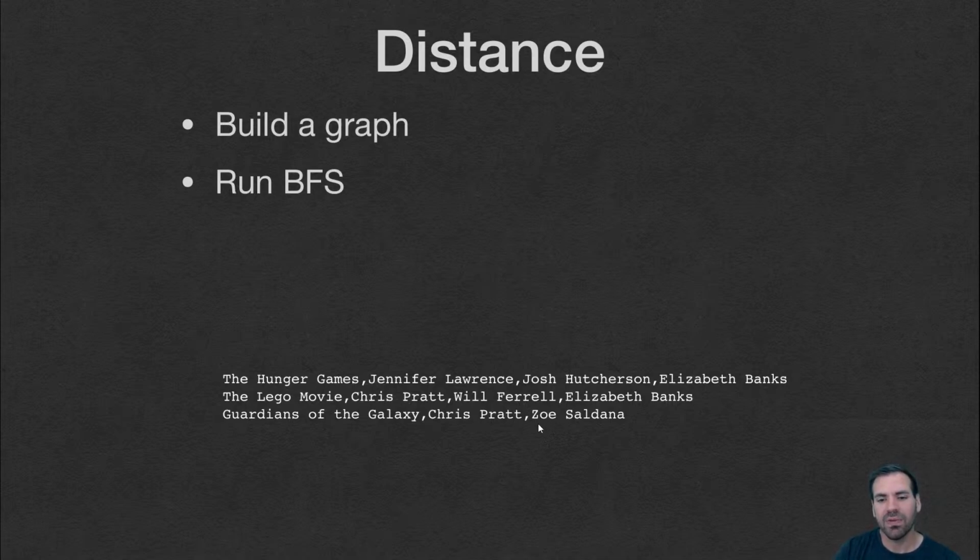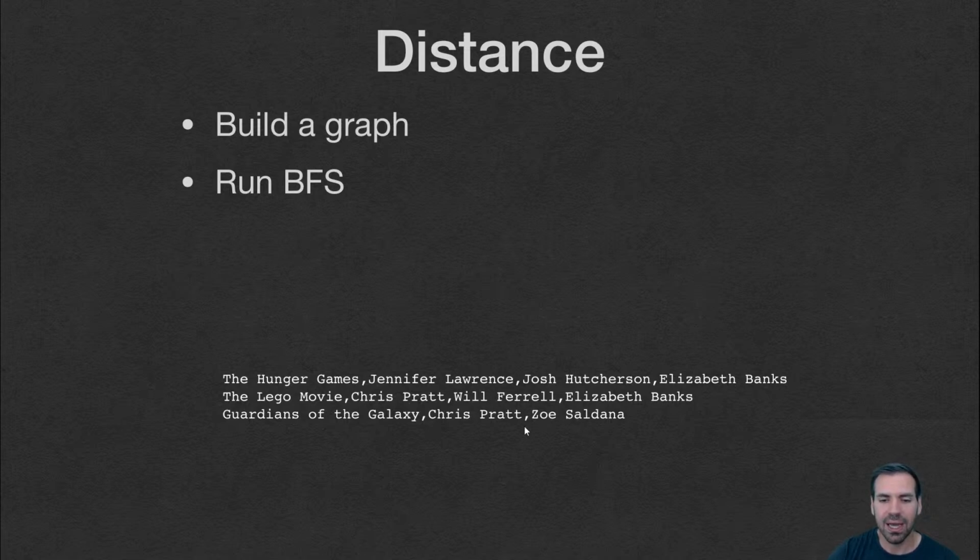And then run breadth first search if you have to find the distance between Jennifer Lawrence and Zoe Saldana. Again, the actors themselves are the nodes, and there's edges between them if they're in a movie together. So from Zoe Saldana, we're going to take the edge to Chris Pratt, take the edge to Elizabeth Banks, and then the edge to Jennifer Lawrence.